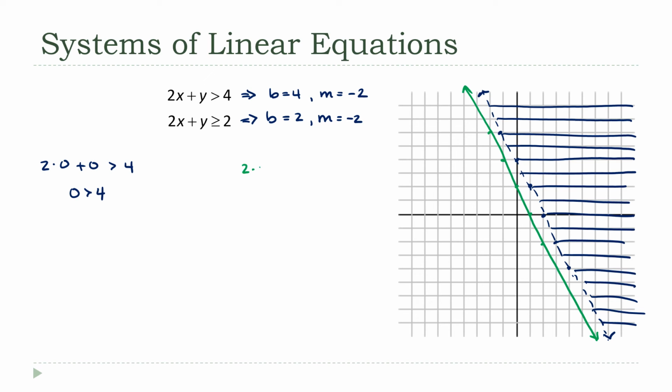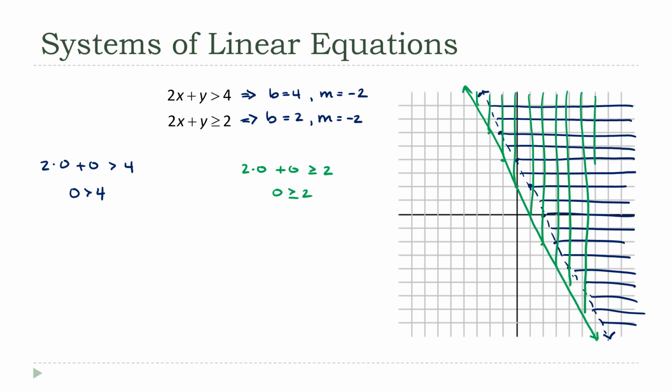And I'll use the same test point. 2 times 0 plus 0 greater than or equal to 2. Okay, that's not true. 0 is not greater than or equal to 2. So again, I need everything on the non-origin side. That's everything to the right and above. Again, it's going to be the same kind of region here.